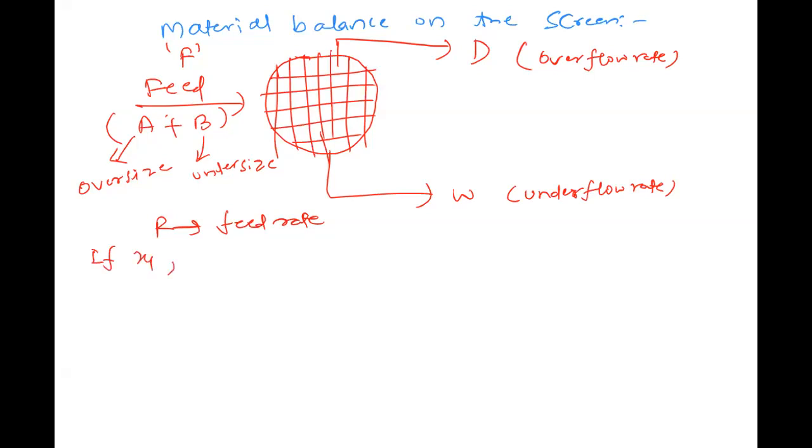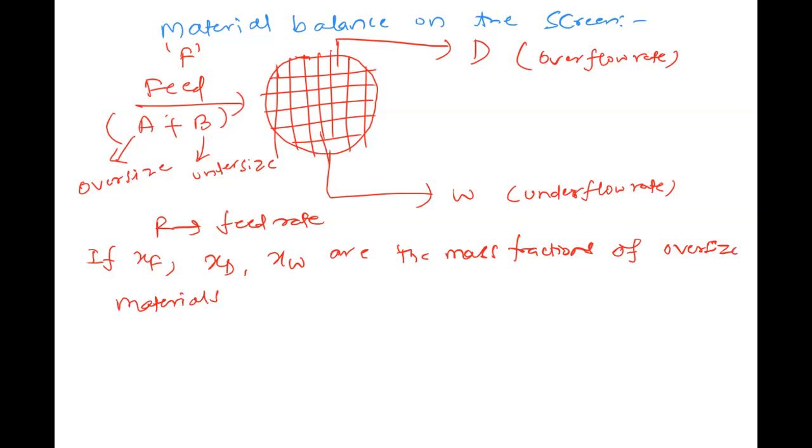It is defined that XF, XD and XW are the mass fractions of oversized material in the feed, overflow and underflow.